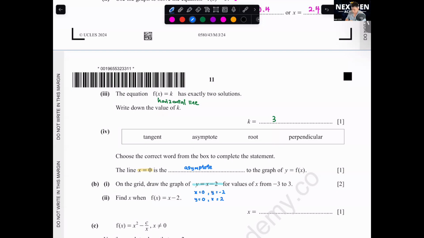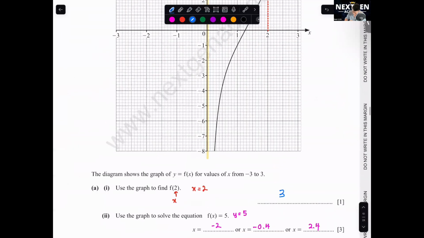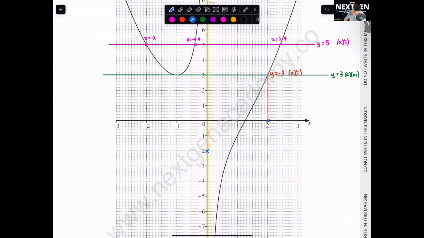Okay, you just sub into this equation. So I got -2 and +2. We take these 2 points, then we draw a straight line. This will be y equals x minus 2. This is for question B1.